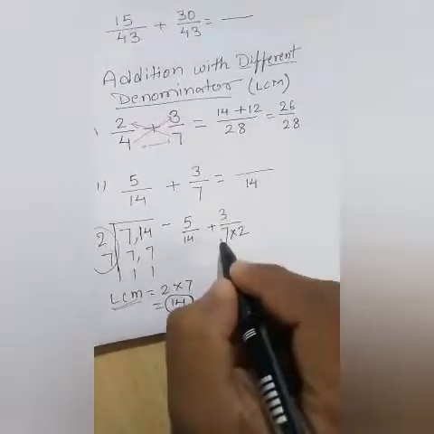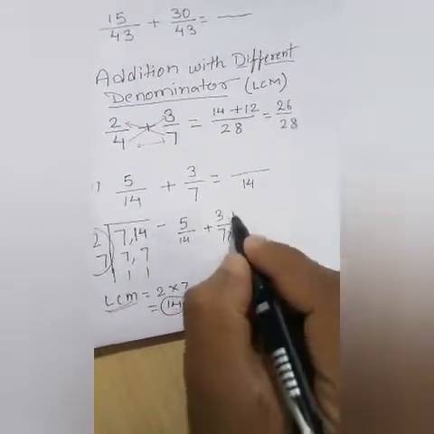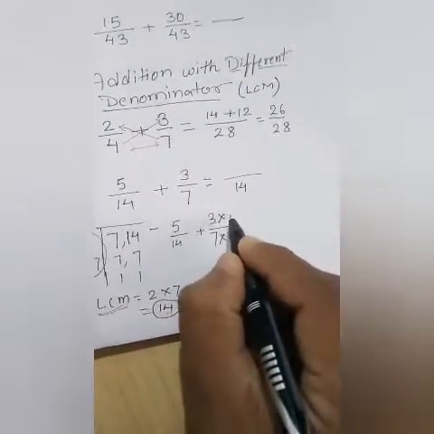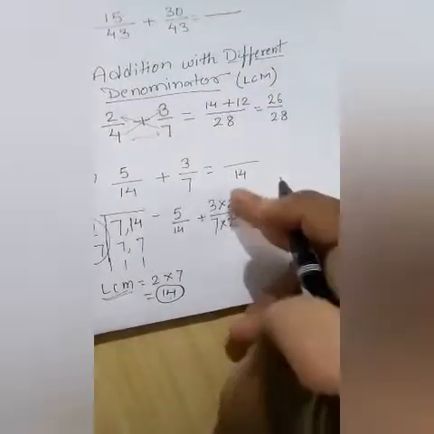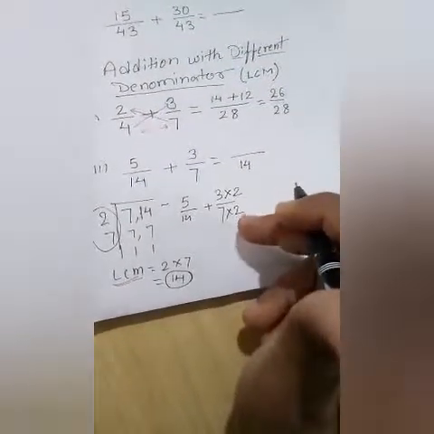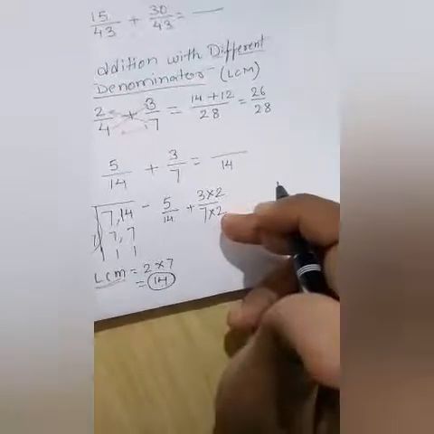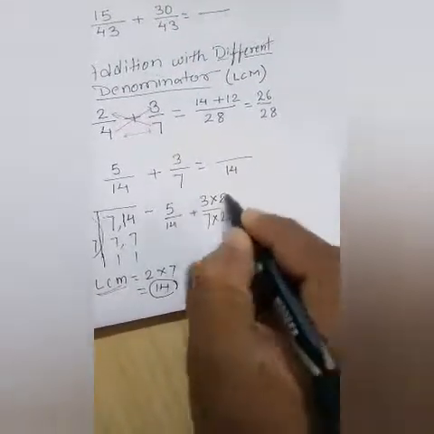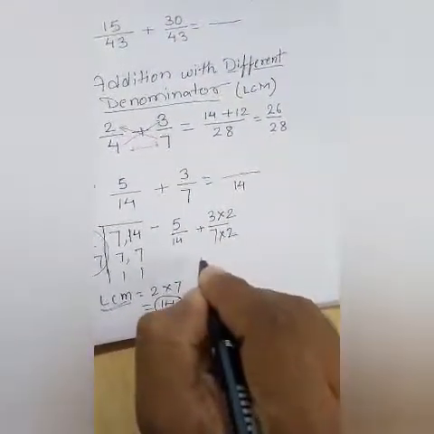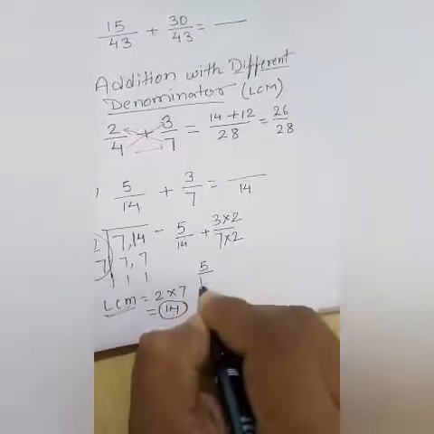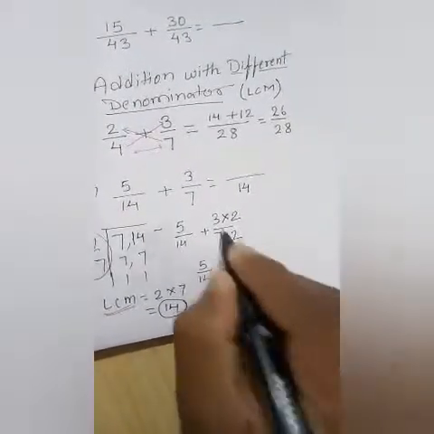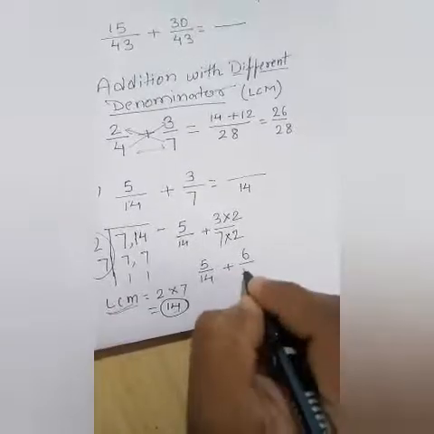So what you are multiplying in the denominator, you have to do the same in the numerator. So you multiply both numerator and denominator with 2. So what you'll get as the final answer is 5 upon 14 plus 6 upon 14.